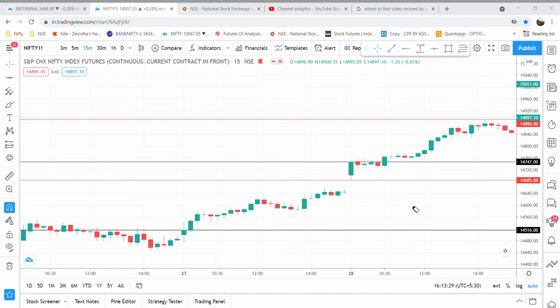I hope you guys have no doubts regarding this. Now, if Nifty opens within these four lines, it can be here, here, or here, anywhere within these four lines, that day will be considered a range bound day.